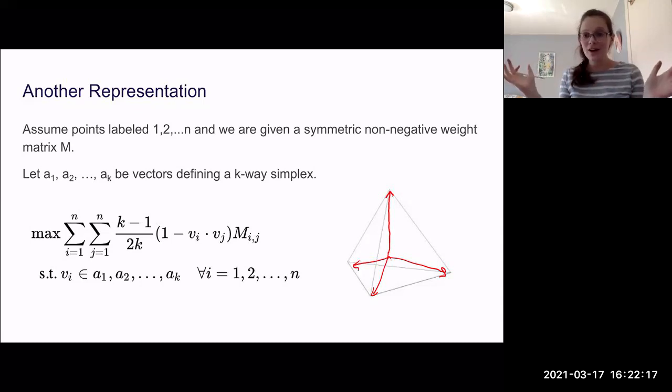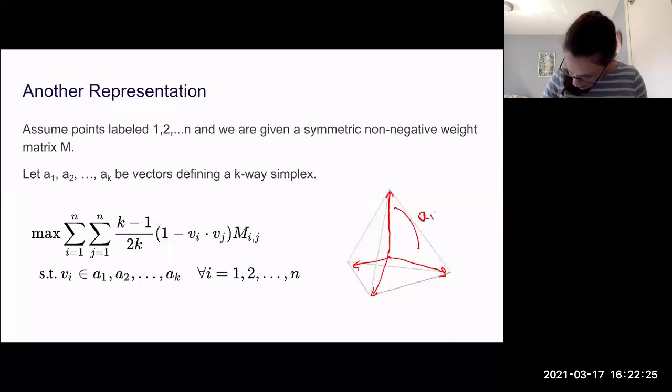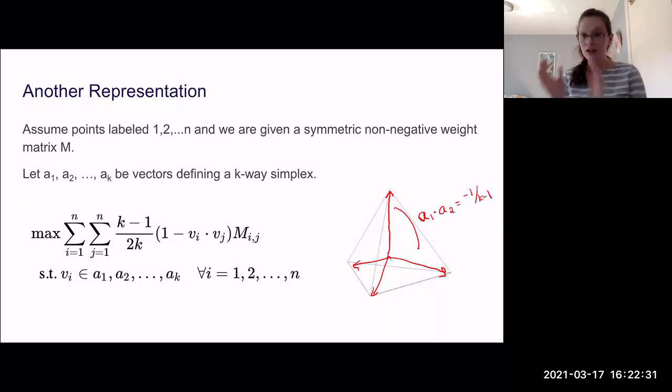So these are the farthest apart in terms of dot product, where the dot product of any 2 vectors that are not the same is going to be equal to -1/(k-1). So these are trying to get away from each other. And what I'm going to do is say that that's going to be my representation of whether or not you're in that cluster.